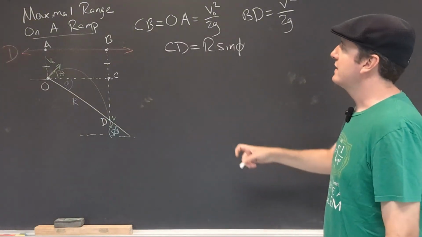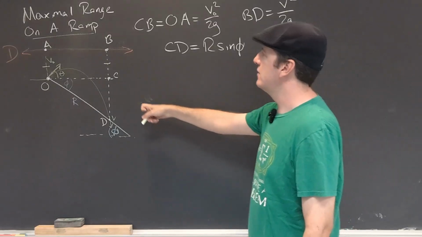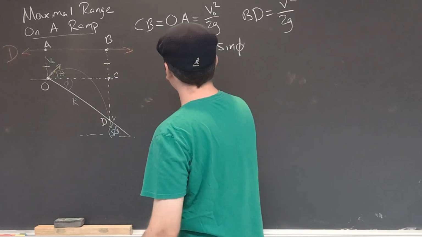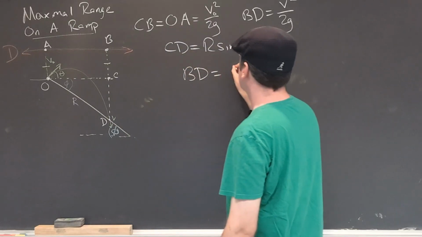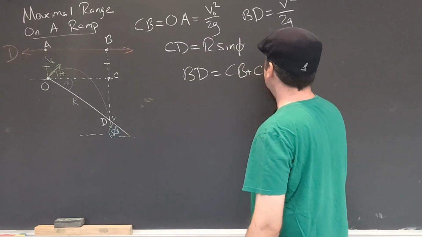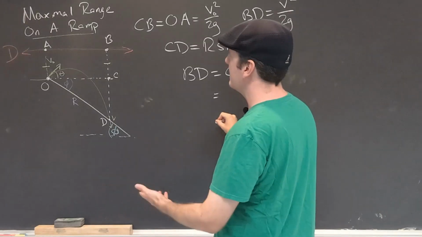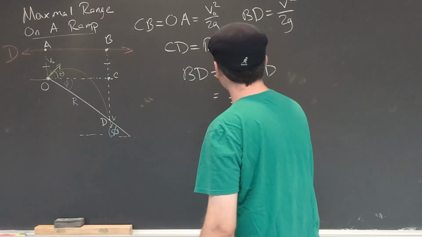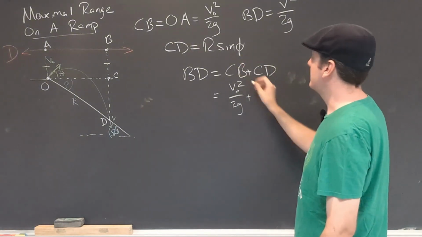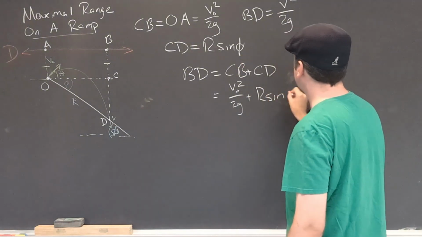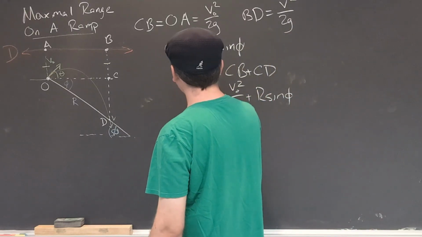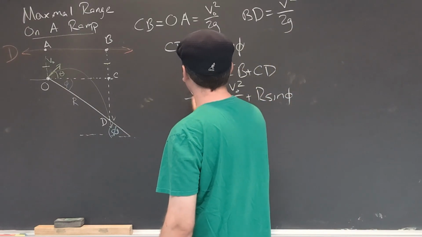And that lets us write down a nifty little relation because we know that BD is the sum of these two. So since BD is CB plus CD, CB is the same as OA, which is V naught squared over 2G. CD, we just found in terms of geometry, is R sine phi. And then on the other side, BD is V squared over 2G.